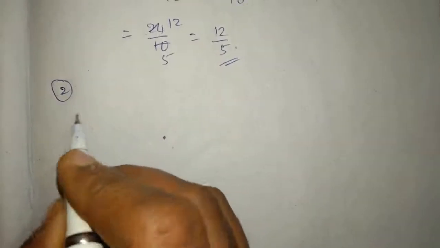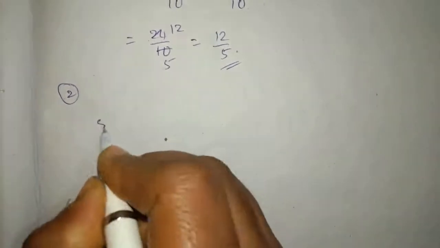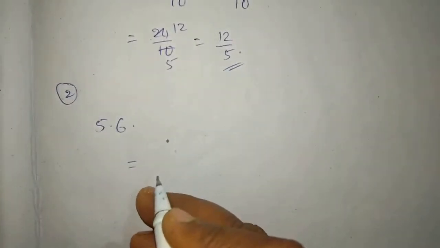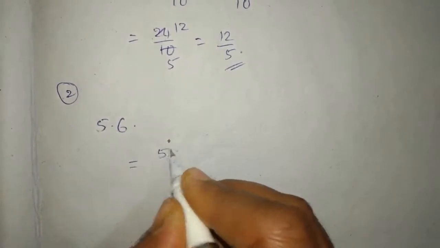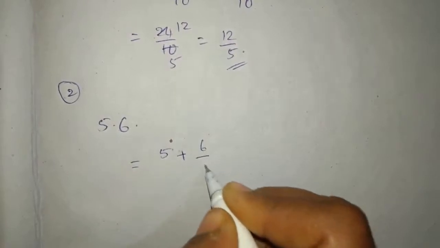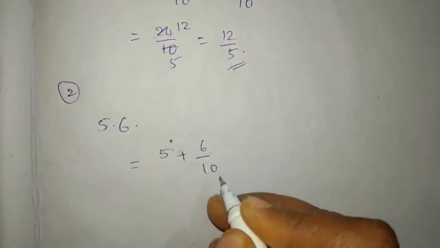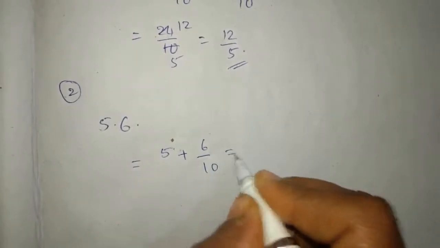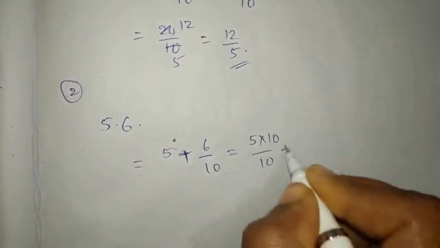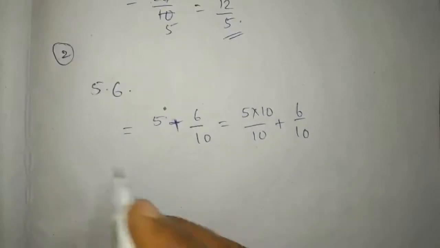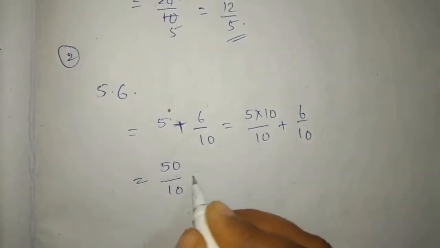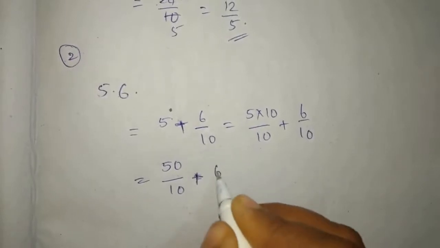Let us take another example, that is 5.6. Here 5.6 is equal to 5 plus 6 by 10. Here 5 can be written as 5 into 10 by 10 plus 6 by 10. That is equal to 5 tens are 50 by 10 plus 6 by 10.